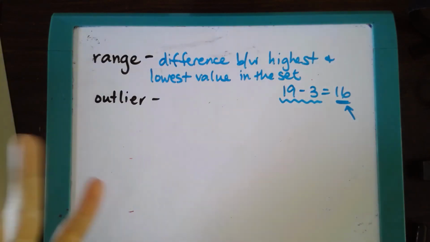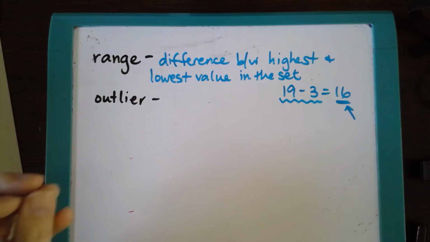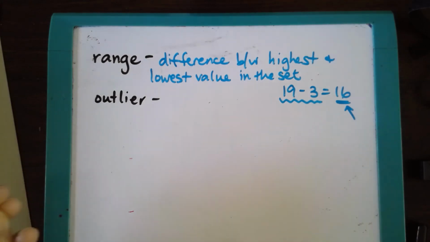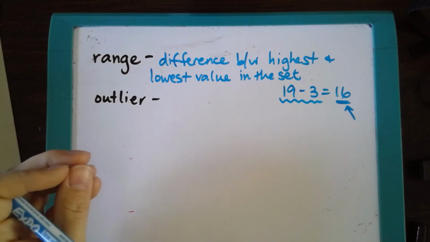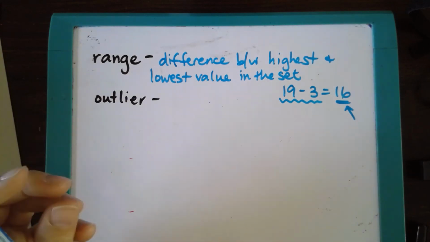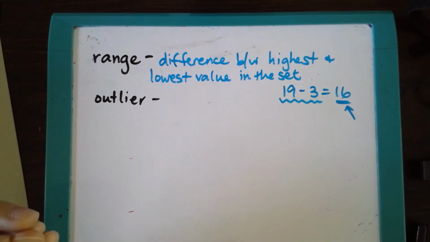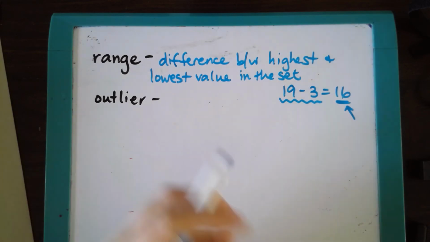And there's obviously some mathematical ways to describe what makes a data point an outlier. We don't need to worry about that math in this course, but we do want to see data points as being very different from the rest of the data.